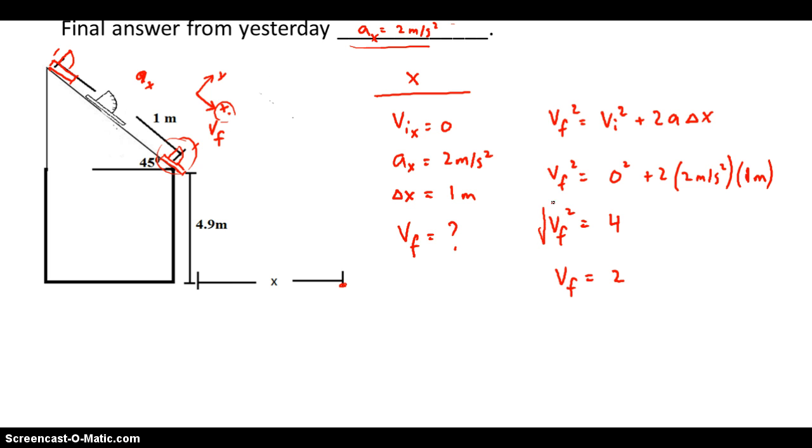Take the square root of both sides, and we get 2 meters per second. So this is the speed at which it leaves the table.